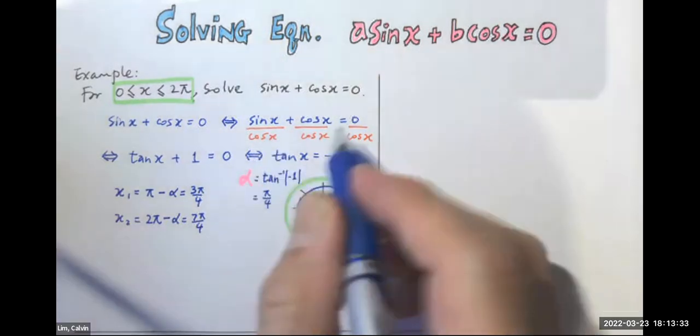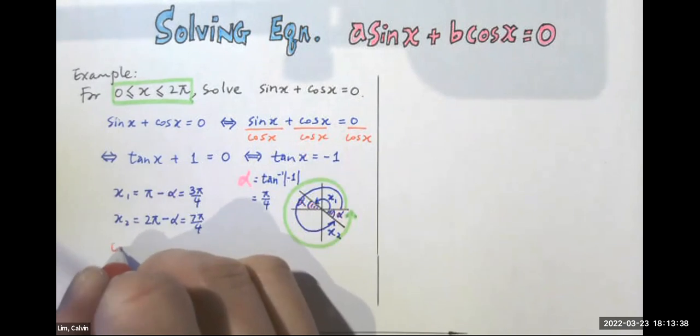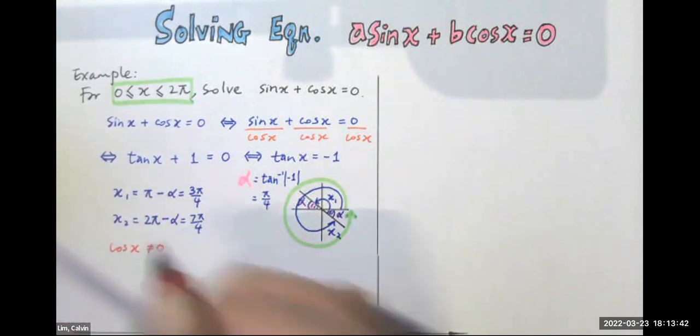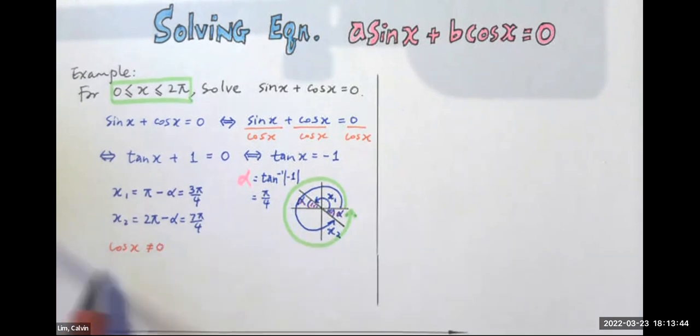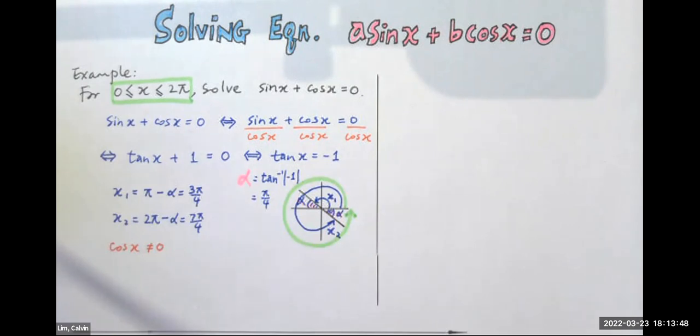So all of this is predicated upon the fact that cosine x cannot equal 0. So is this an assumption that is made without any basis?